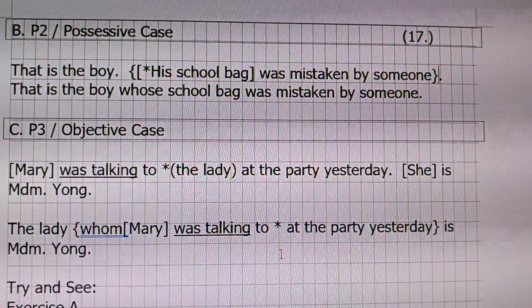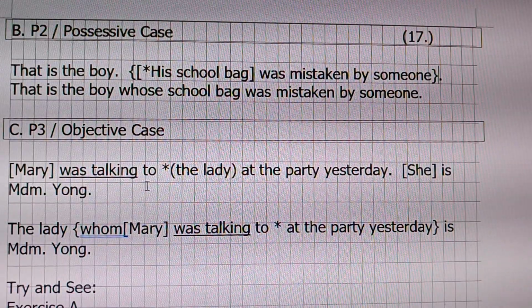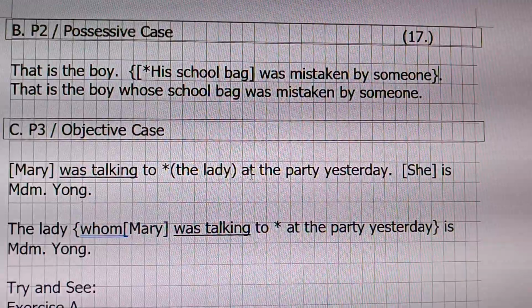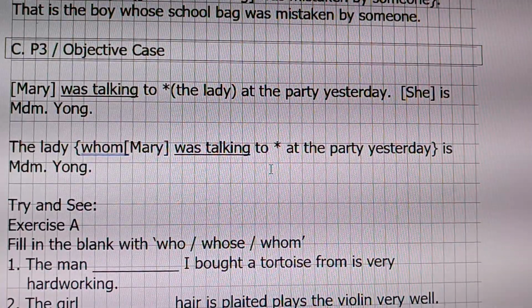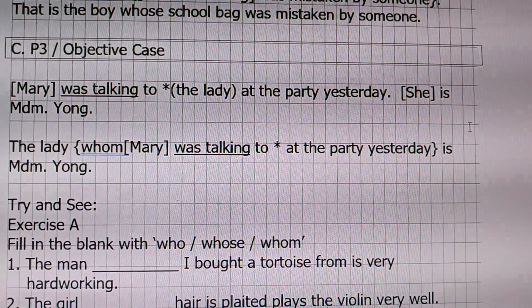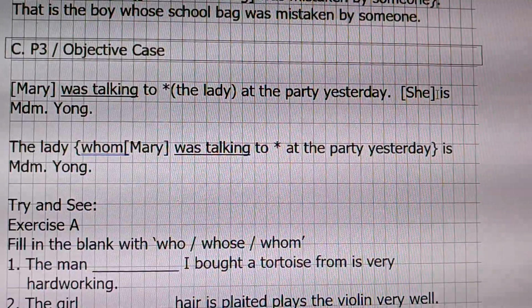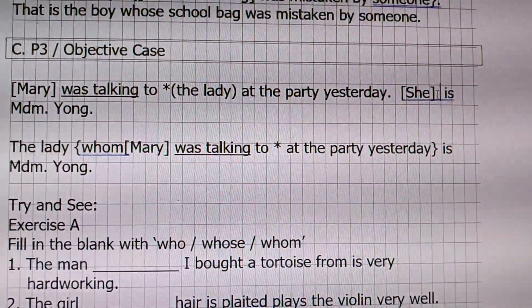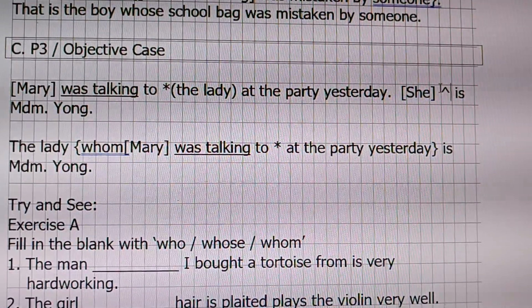Okay? So objective case, right? Mary was talking to the lady at the party yesterday. You see in the objective case, she is Miss Young. So you place it here.